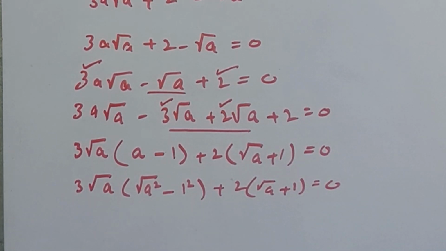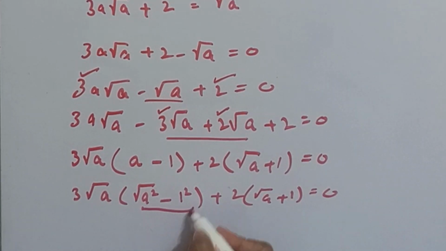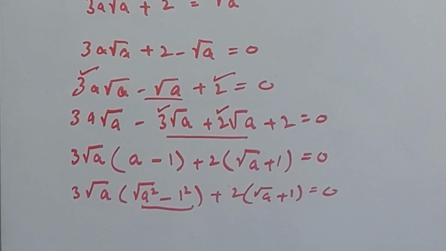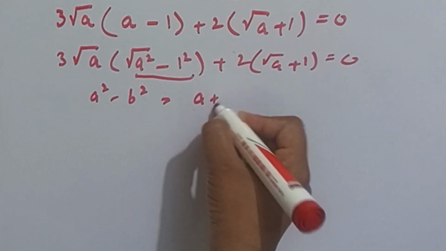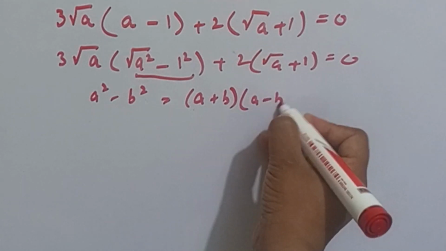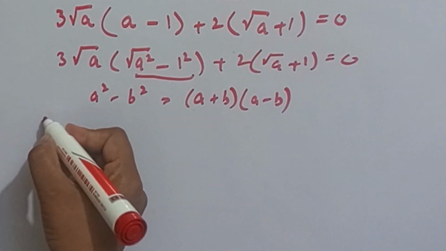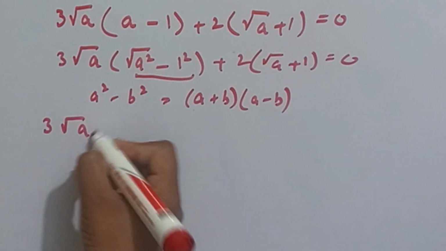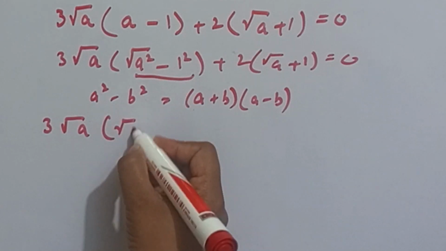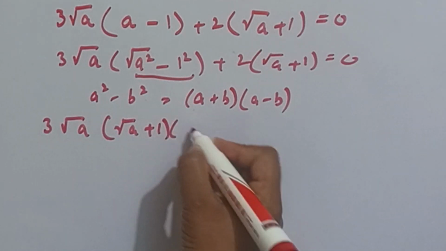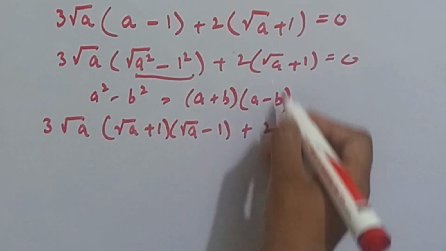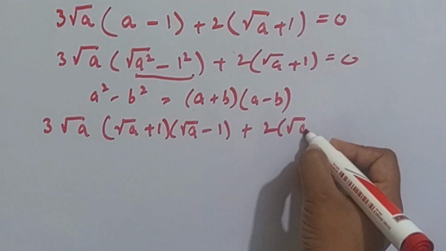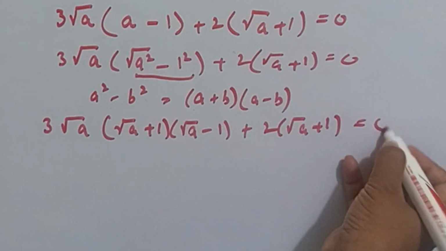Now at this point we use the identity a² − b² = (a + b)(a − b). So we write this as 3√a(√a + 1)(√a − 1) + 2(√a + 1) equal to 0.